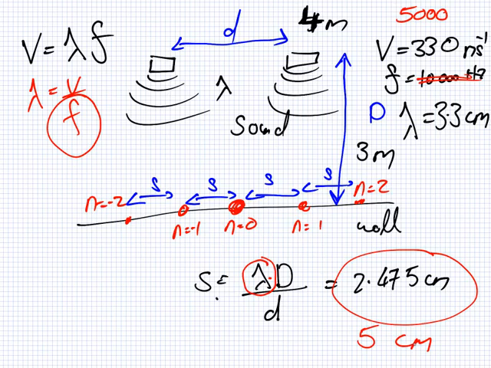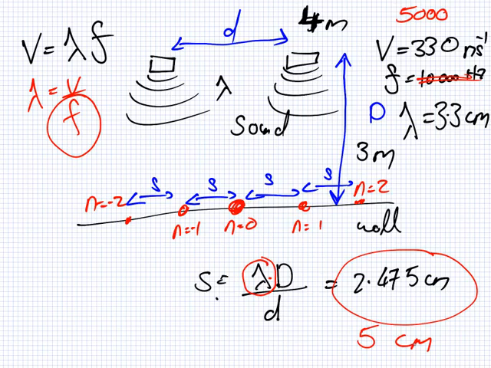Right, so roughly. So I'll have two sound waves coming out of the speakers, and what will happen is the waves will come out, and part of them will add together to make a peak, and then some of them will cancel.